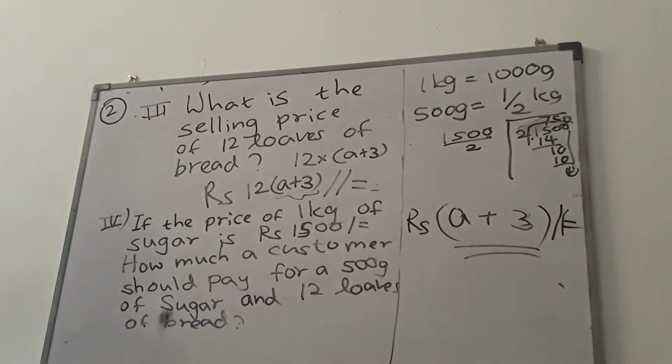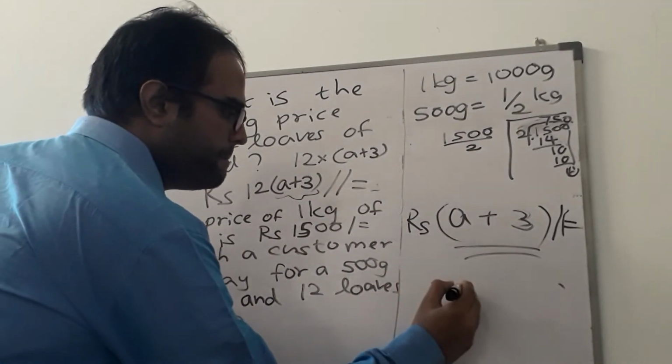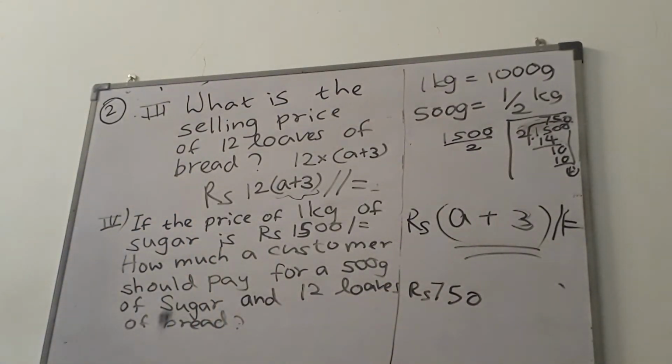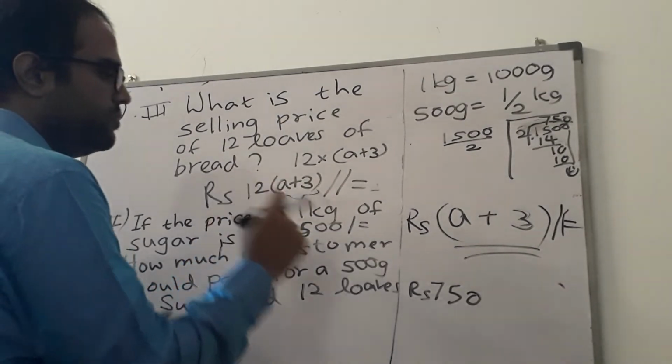So the answer is 750 rupees. So the price of 500 grams of sugar is 750, and 12 loaves of bread is 12 times A plus 3.